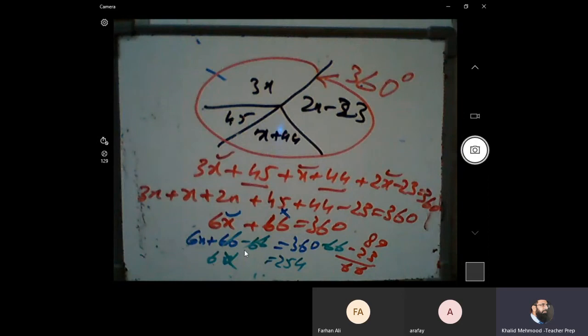Now how will we remove the 6? We'll be dividing by 6 and do the same thing on the other side. So that cancels, and x is equal to 294 divided by 6.